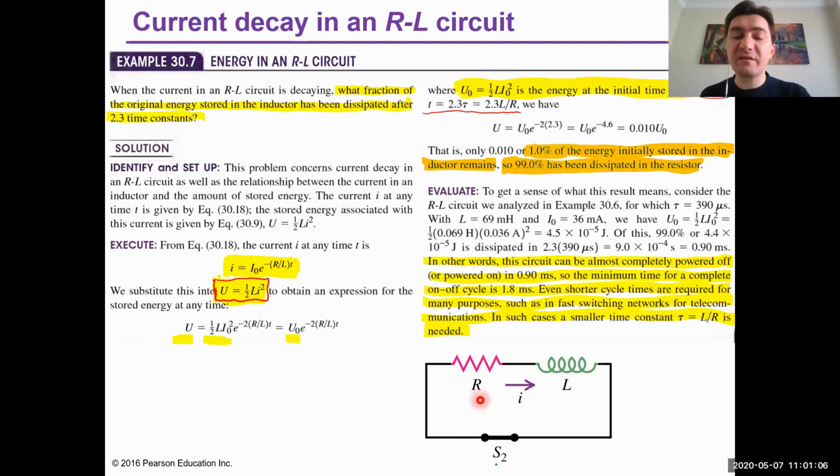So you can see how fast the energy is dissipated within the resistor. You can dissipate the energy very fast, and you can also store the energy within the inductor very fast. Do you have any question here?